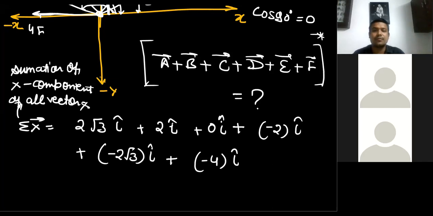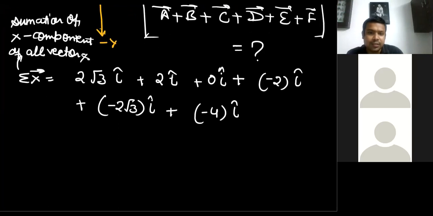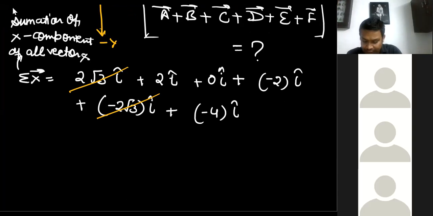Yes, sir. Now, my dear friends, 2 root 3 I cap and minus 2 root 3 I cap, both cancel out or not? Yes. 2 I cap and minus 2 I cap are also cancelled out.